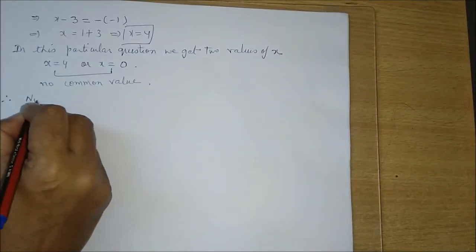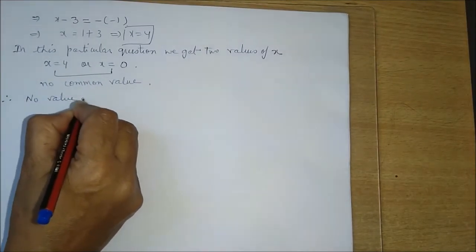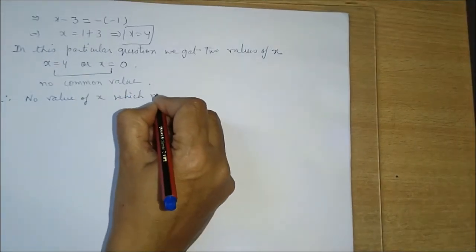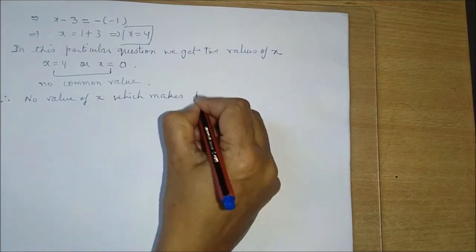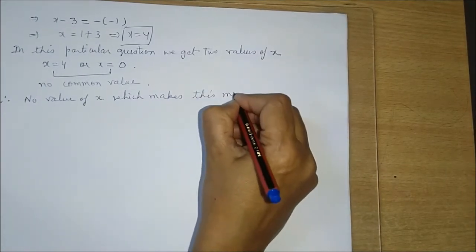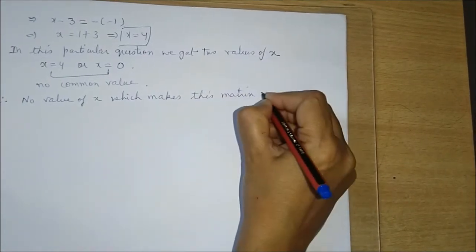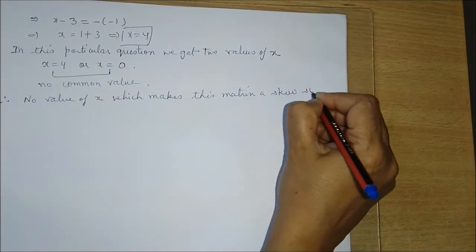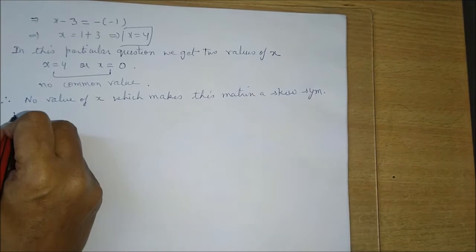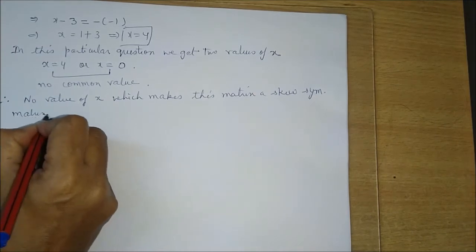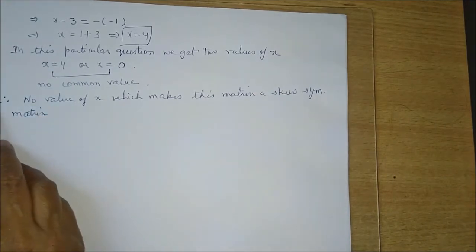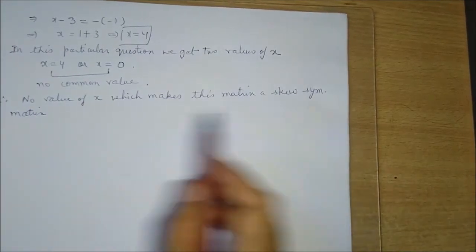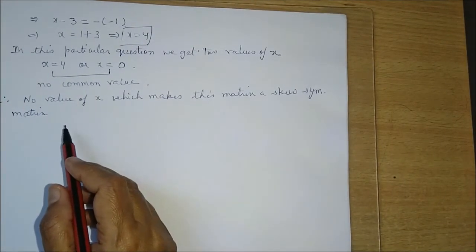Therefore, no value of x which makes this matrix a skew symmetric matrix. That means there is no value of x which makes this matrix a skew symmetric matrix.